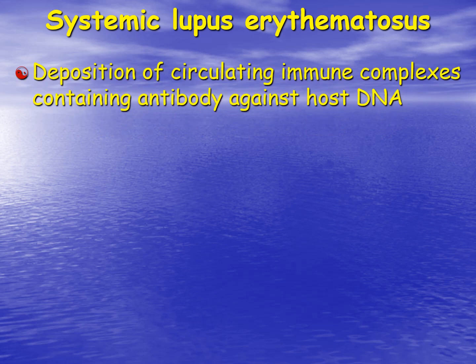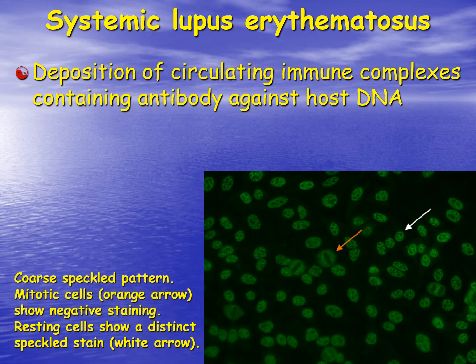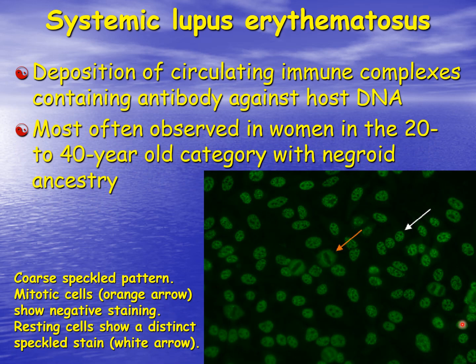What we will see is deposition of circulating immune complexes containing the antibody against host DNA. Systemic lupus erythematosus is a type 3 hypersensitivity reaction. This picture actually shows a number of cells in mitosis, as well as the speckled pattern showing again antibodies attacking these cells.